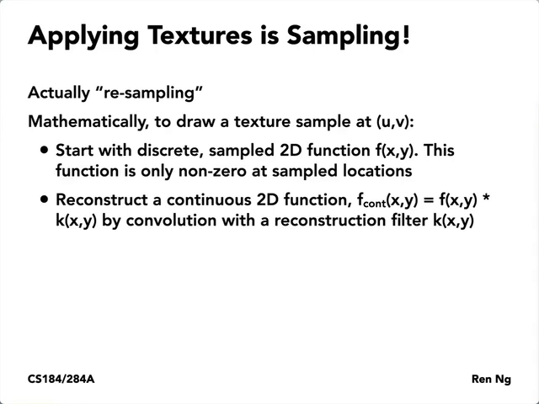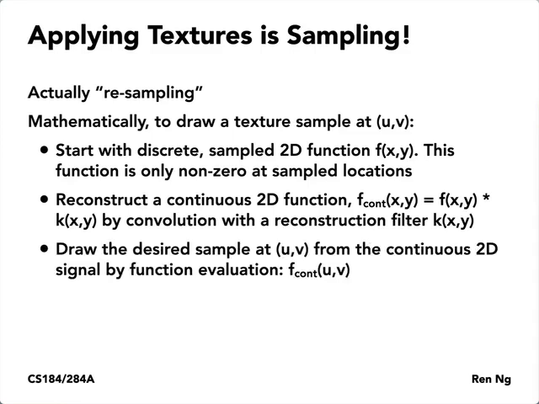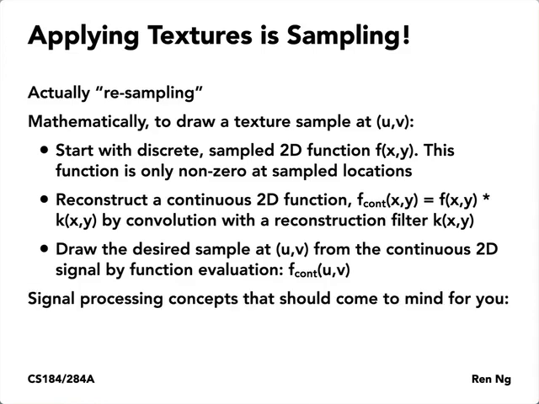We could call that f continuous. The way to think about reconstructing that is to take the discrete f image, the texture image pixel locations, and convolve it with some kind of function to reproduce a smooth function. We convolve it by a function k that we call the reconstruction filter. Then we can draw the desired sample at position UV by evaluating the continuous 2D signal. So that's what's meant by resampling.